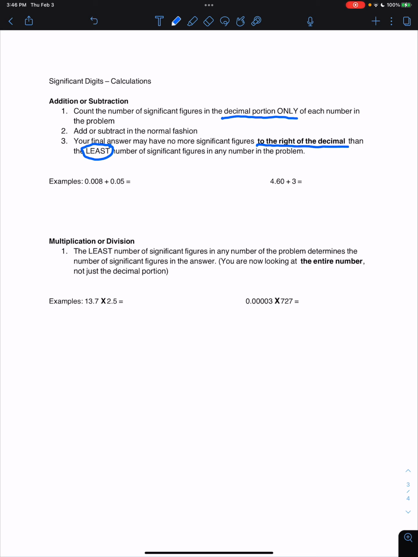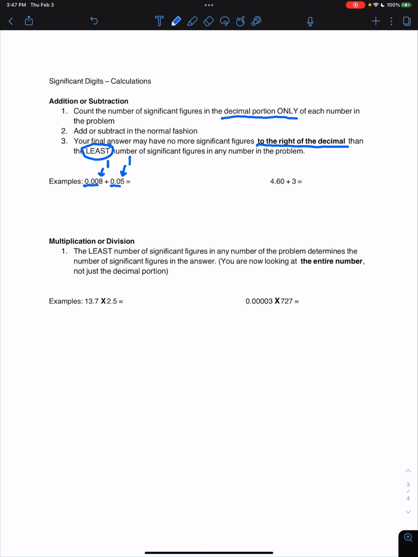These 3 zeros are placeholders, and we have one significant digit that is a non-zero number. So one significant digit in this number. For 0.005, again, we have some placeholder zeros, and then one significant digit that is a non-zero number.